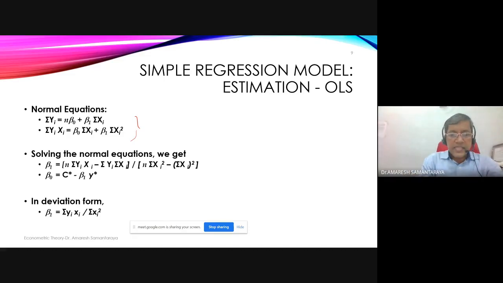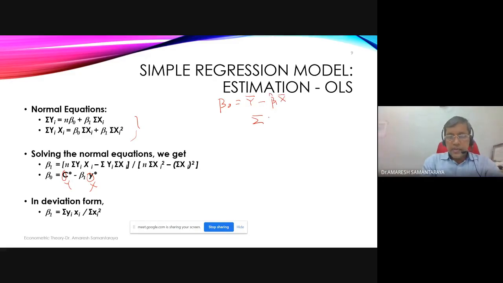See, this C star, C mean, how will it appear? Let me put this as Y, this as X. Basically, your beta 0 is your y mean minus beta 1 hat times x mean.